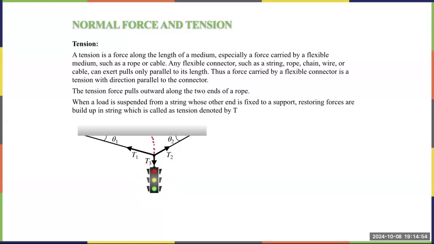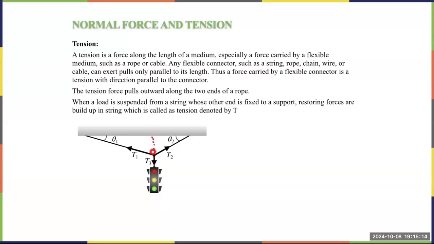Based on this, the net tension, if this is in stationary conditions, there's a force acted by this string which will be acting in the upward direction, and this invisible force that you see here will be acting against the force due to gravity, which is acting downwards.